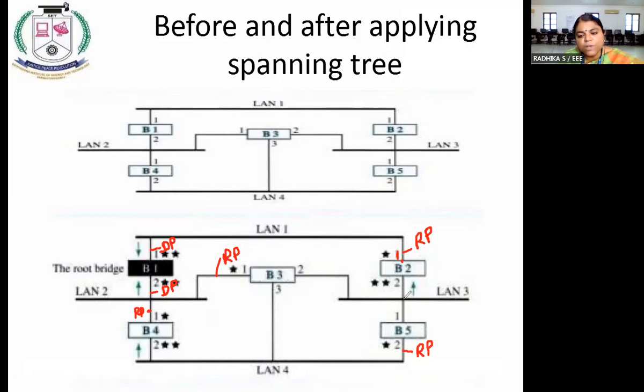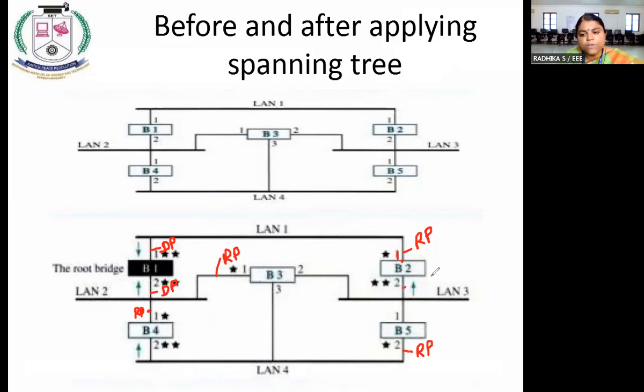To connect LAN 3 with the root bridge, I can go through bridge 2 or through bridge 5. If I take bridge 5, then I have to move to bridge 4 to reach B1. But if I take bridge 2, then through bridge 1, I can easily reach the root bridge.